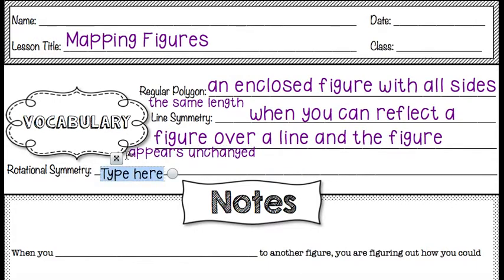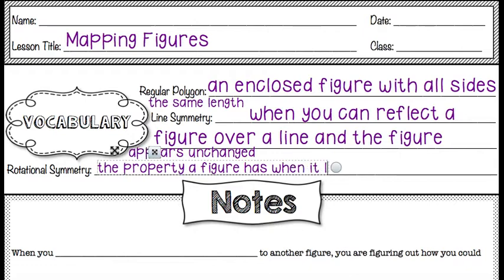And the last important definition that we will look at is rotational symmetry. This is the property a figure has when it looks the same after a rotation.